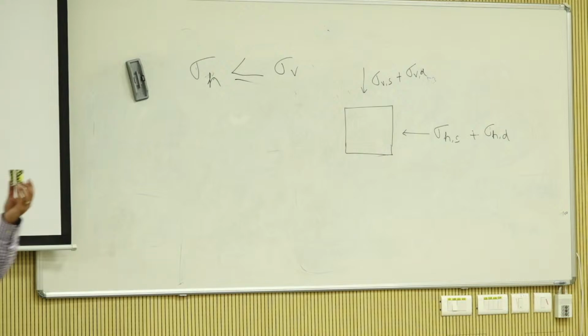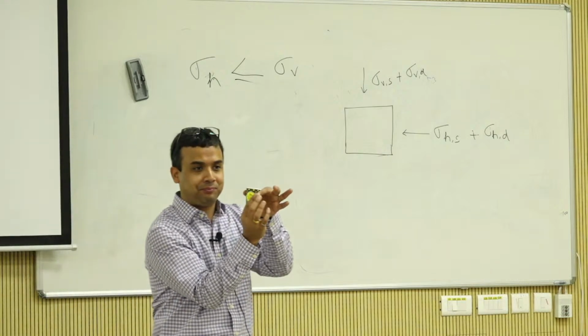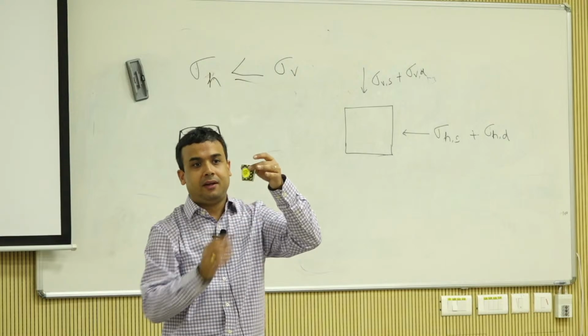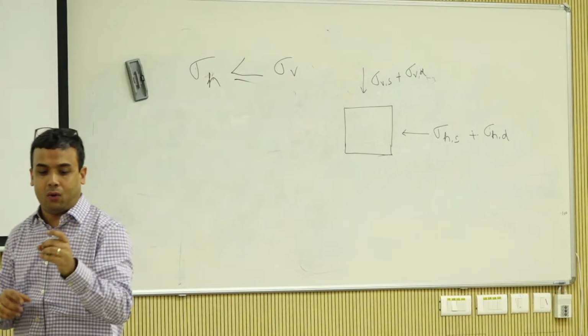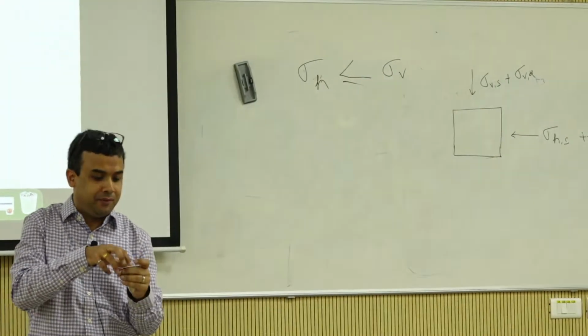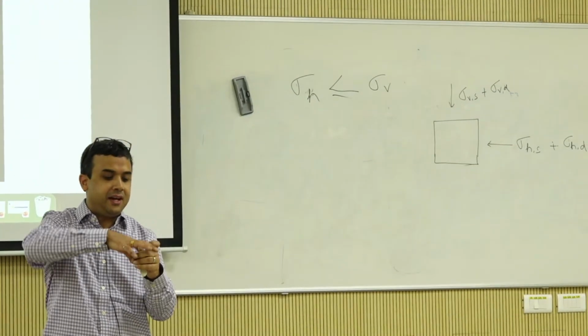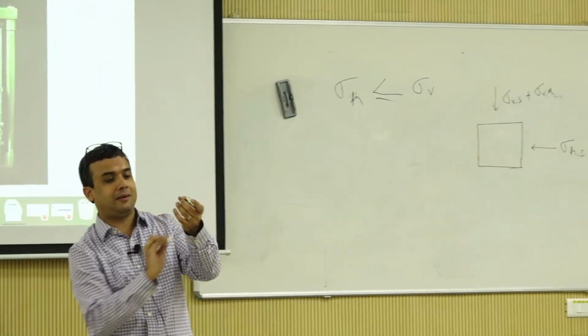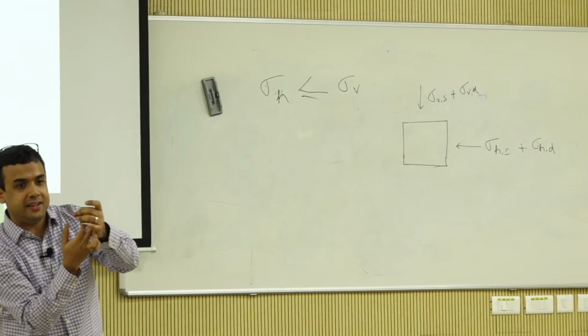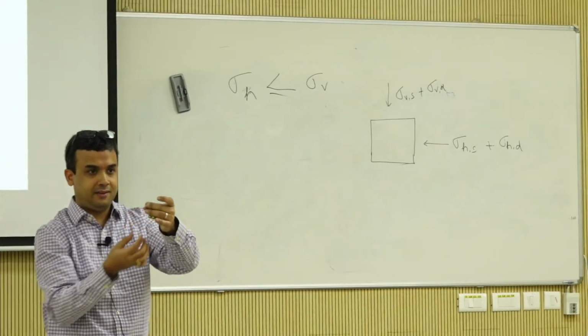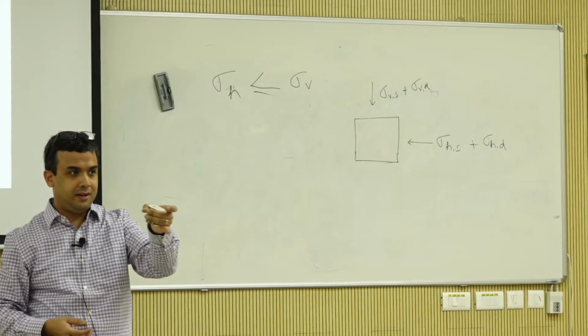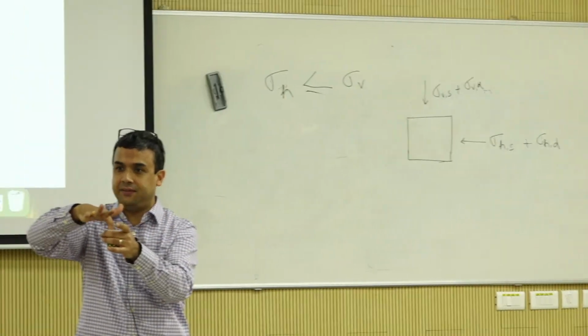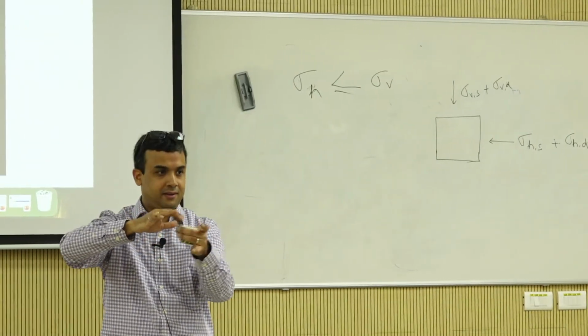Okay, so now we are talking about a specimen. I somehow come up with a magical way of having a sleeve like this. And my specimen is in this sleeve. Do you understand?